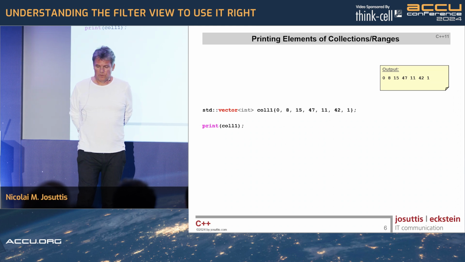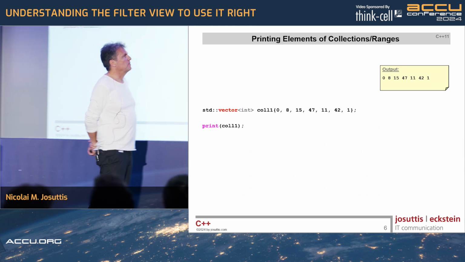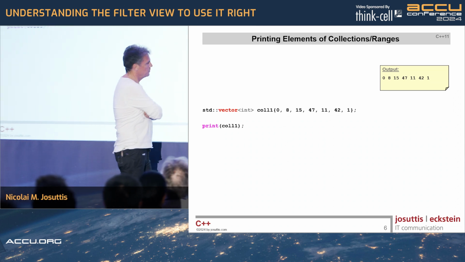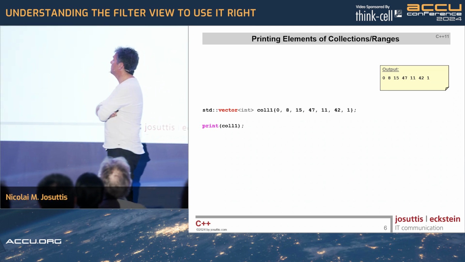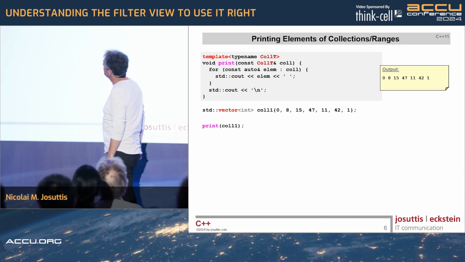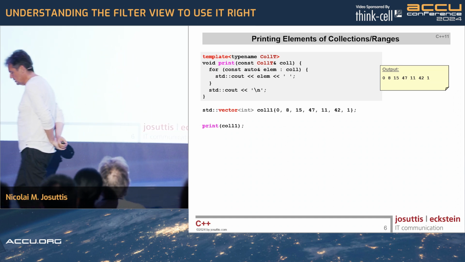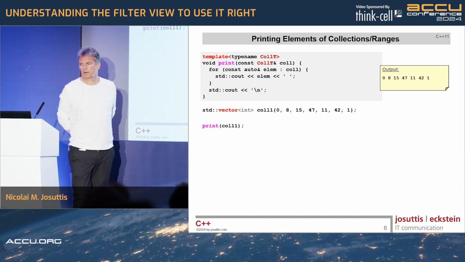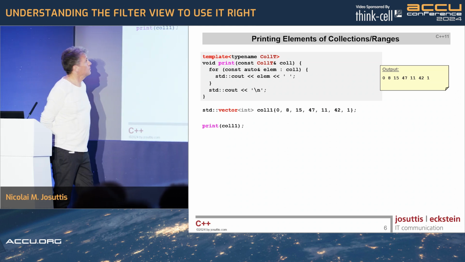First of all, let me introduce views a little bit, just in case you haven't seen them or haven't used them a lot. So this is a little example of a function that prints a vector. The printing is done by a helper function. The helper function you see on the top takes a template parameter, iterates over the elements.